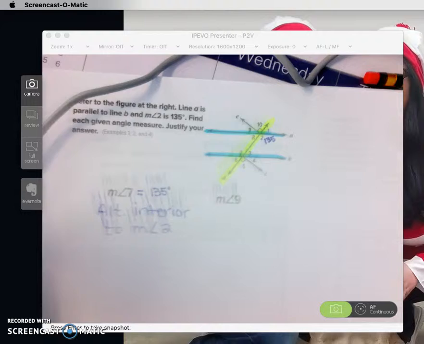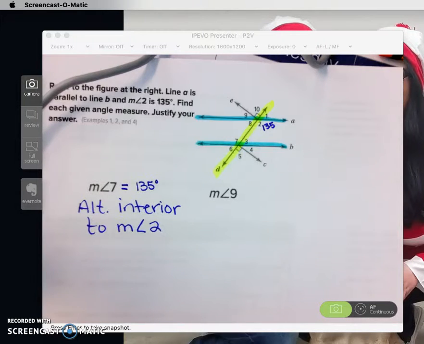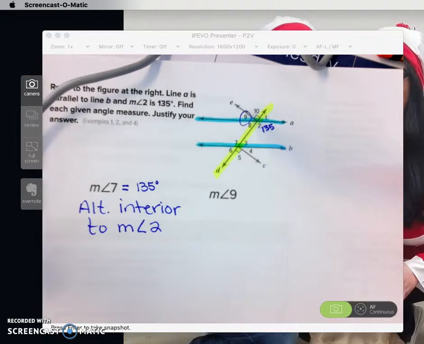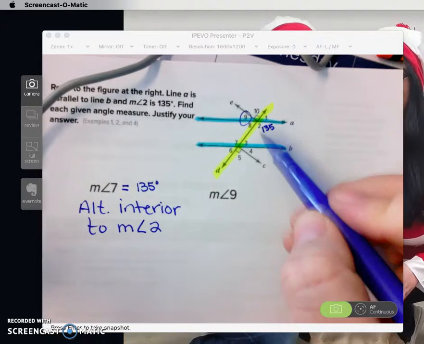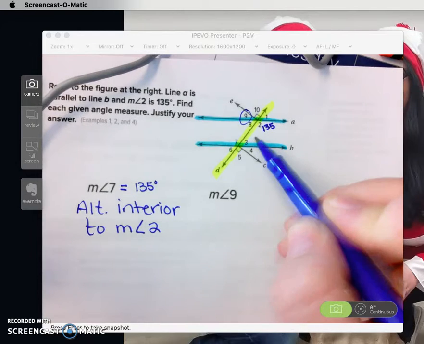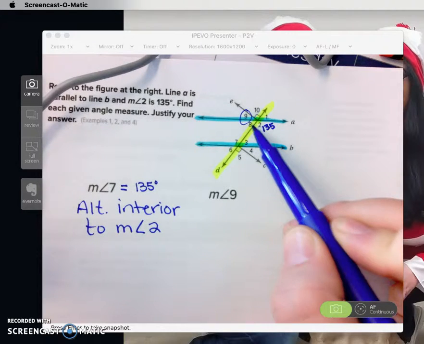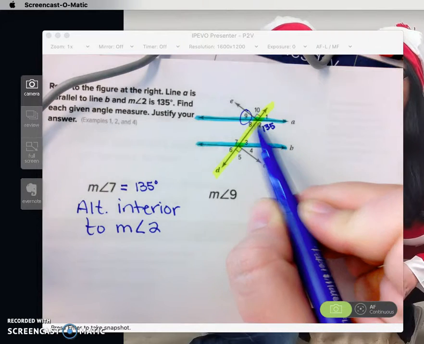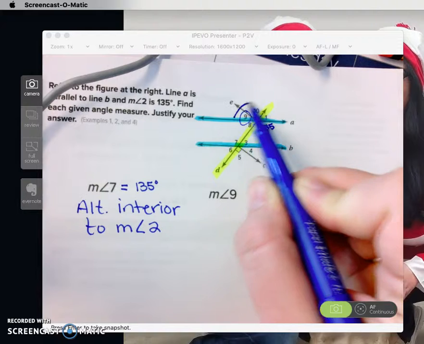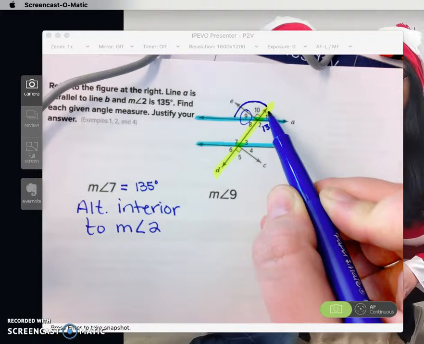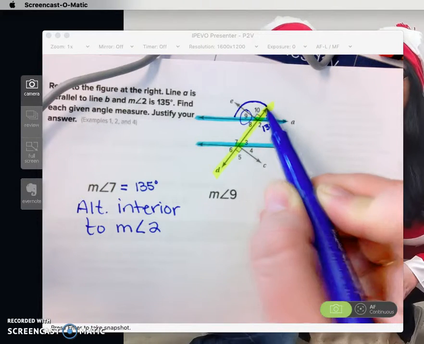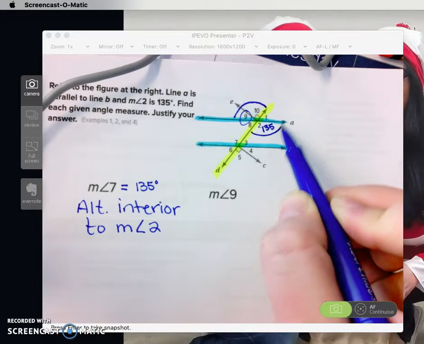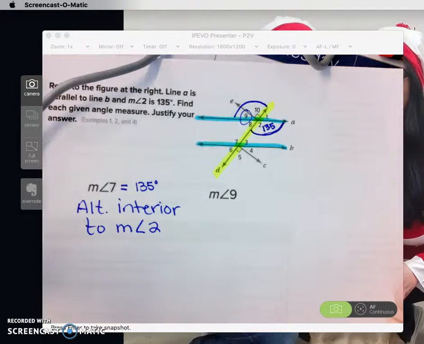Okay, and then last, we have to figure out the measure of angle 9. Well, you can do this a few different ways. Here, if you notice from this blue to this yellow, that right there would be a vertical angle to this one right here.